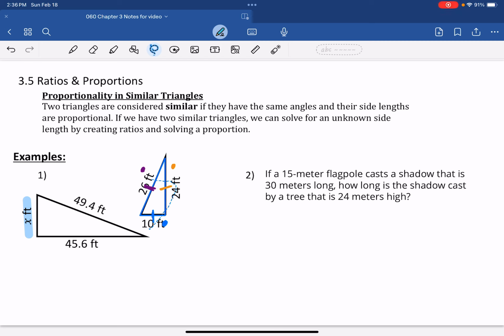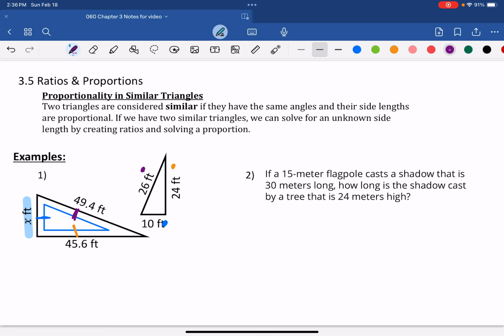So now I'm going to move that. And we're not going to care that the triangle size is moving. We're just moving it here so we can compare which side of our small triangle matches with the larger triangle.